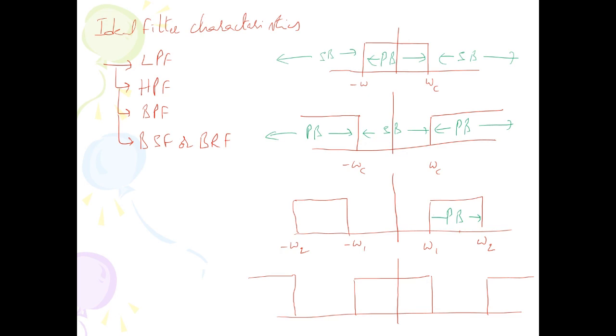Only a band of frequencies is passed through the band pass filter. Similarly, this is the stop band. Outside this pass band, it will stop. So this is the band stop. This band of frequencies is blocked, wherein all others will be passed. This is the pass band.